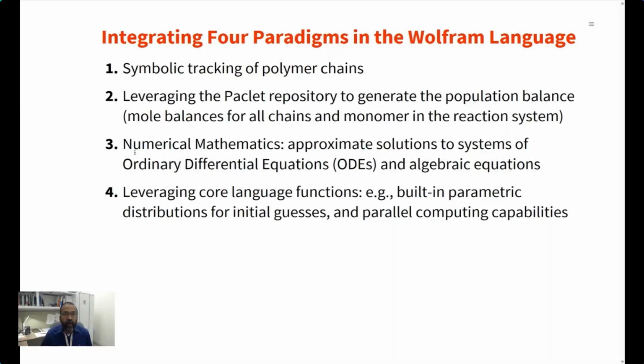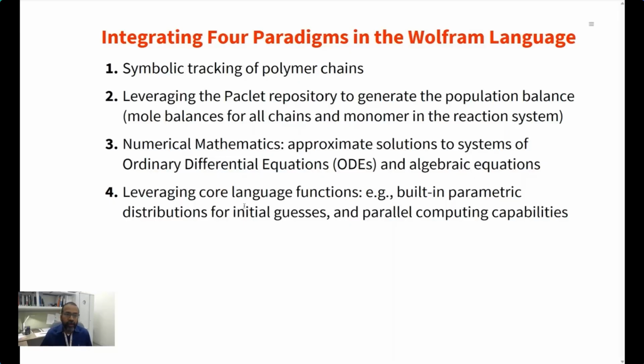The third is in all of the numerical mathematics capabilities, because more often than not, these kind of models are implicit, and the only possible solution is one in which numerical integration of a system of differential equations or numerical root finding of algebraic equations is the only possible solution.